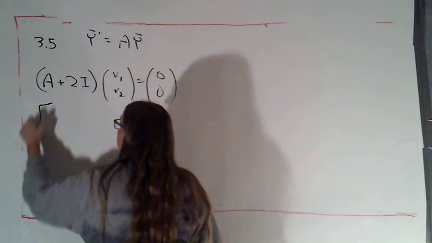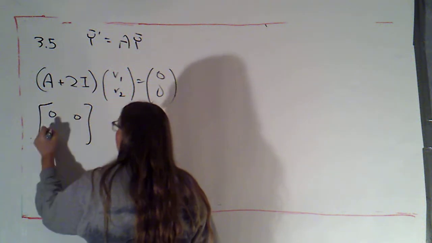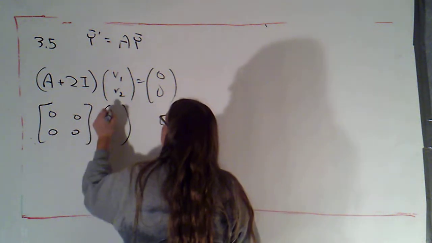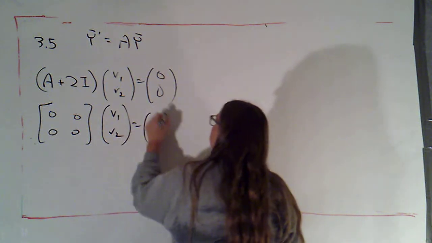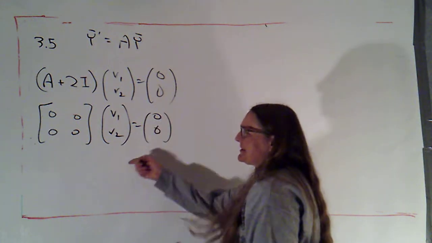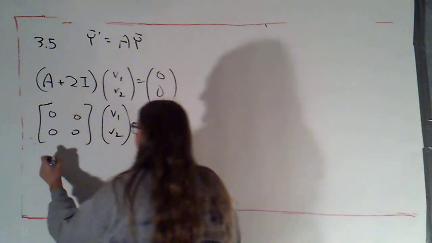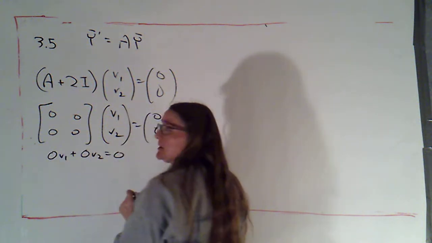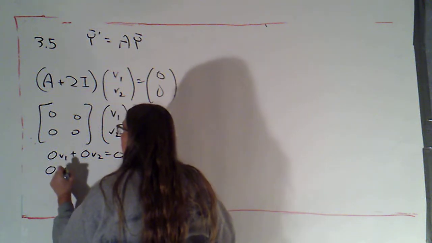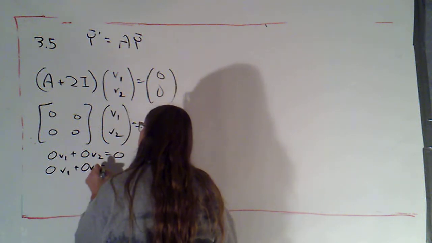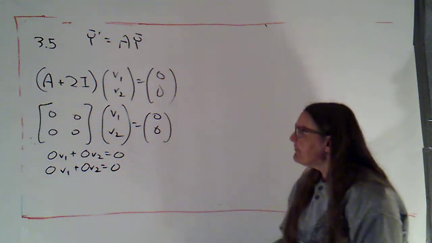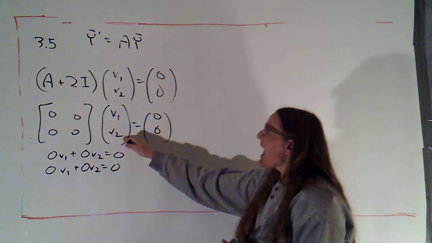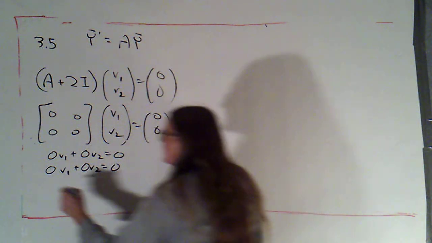Now if I look at A plus 2I, it's the 0 matrix. It has a 0 everywhere. So the system of equations I get is pretty silly. 0 copies of V1 plus 0 copies of V2 is equal to 0, and 0 copies of V1 plus 0 copies of V2 is equal to 0. Every possible choice that I could make is going to work here. So every vector is an eigenvector.